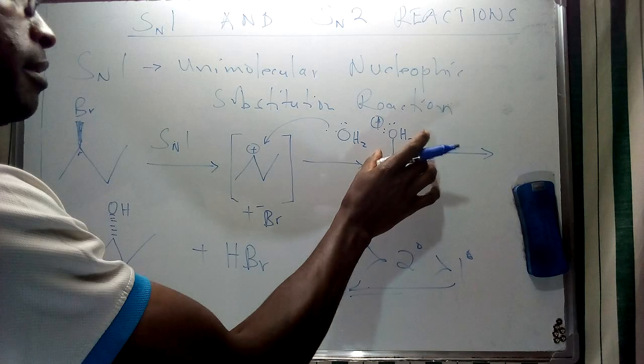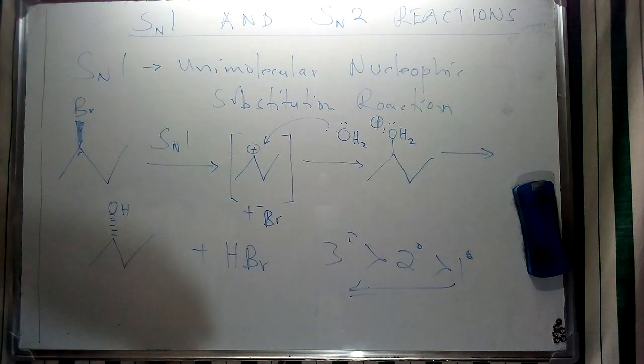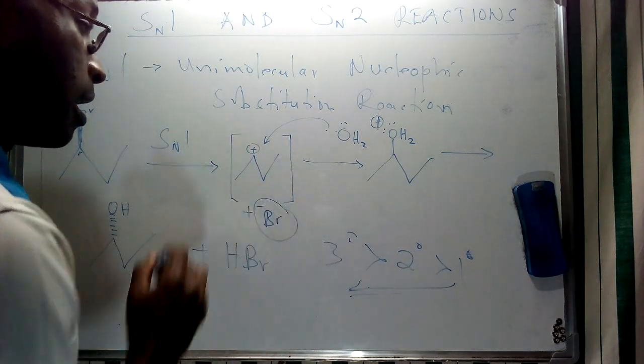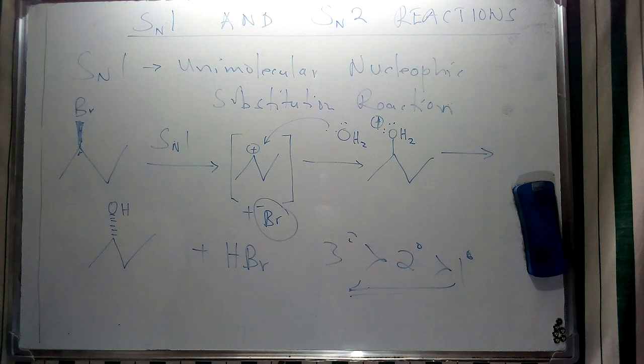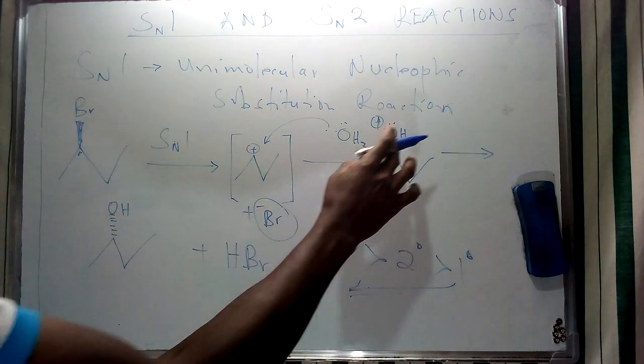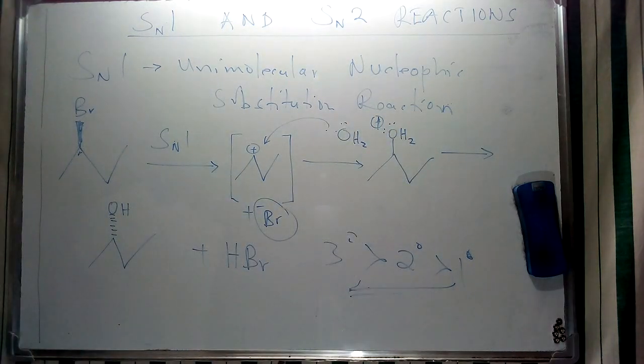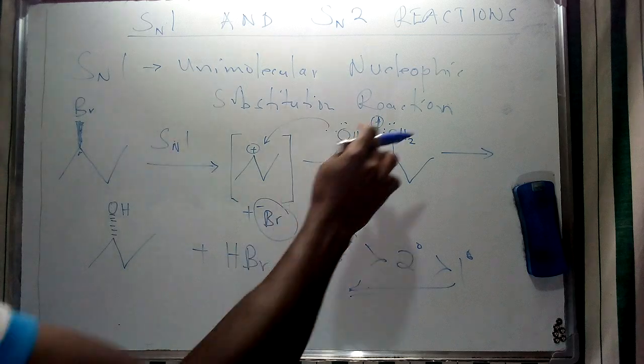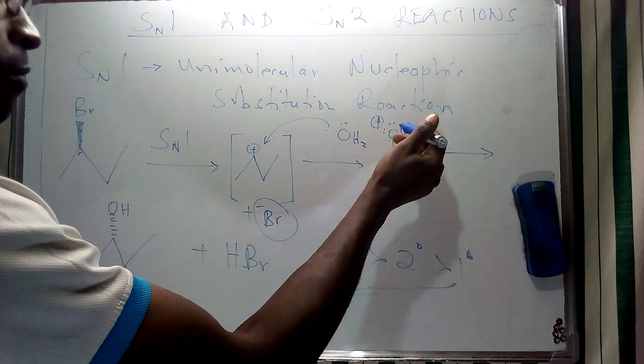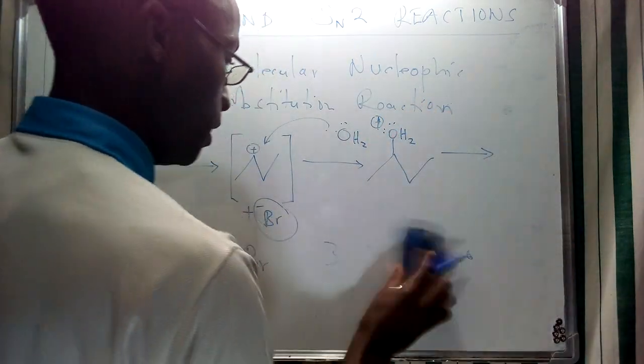Now, in order to stabilize this specific intermediate, the bromide ion that was acting as a leaving group is going to pick one of the hydrogens from this OH2, and that is going to result in this bond moving. Of course, I can illustrate this.